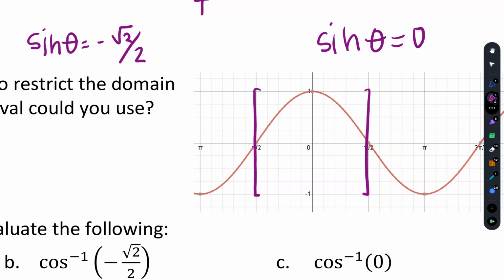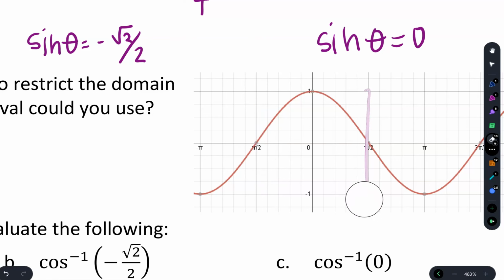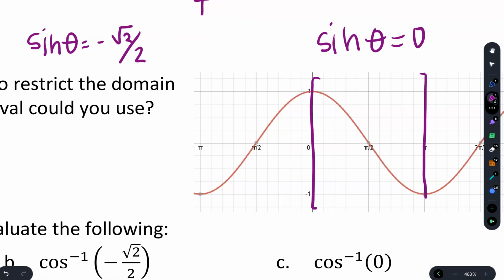Is there another way that I could restrict cosine? Okay, so what do you think? So 0 to what? Pi, perfect. Okay, and there it creates a 1-to-1 function. So I don't have any repeating y values right there.